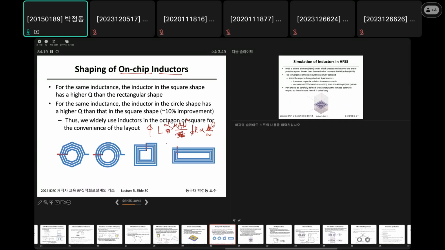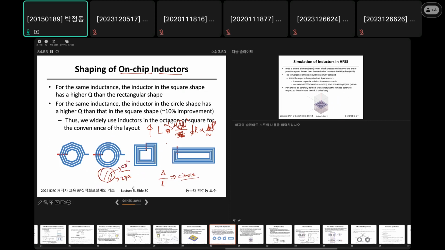So instead of reducing the peripheral length, we need to increase the area. Which one has the largest ratio between area and periphery? This is a circle, right? If you make a circle, the surrounding length is just 2 pi r, and the area is actually pi r squared, right?